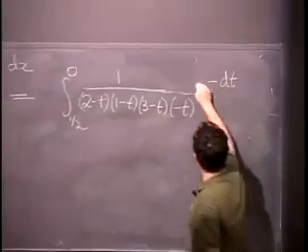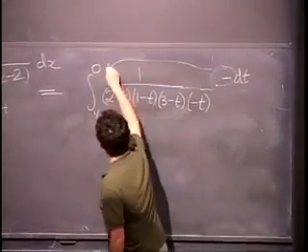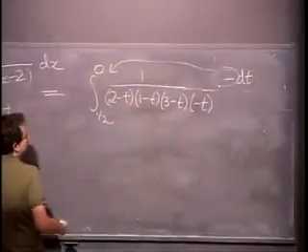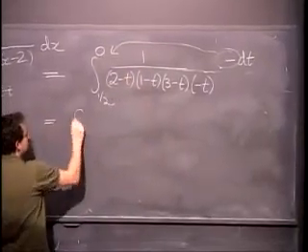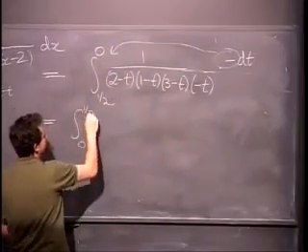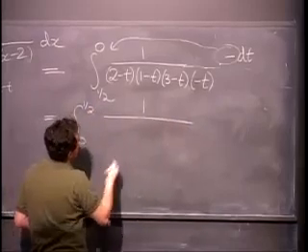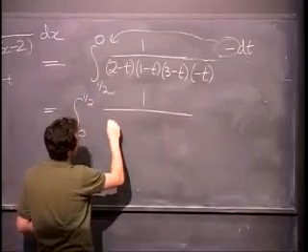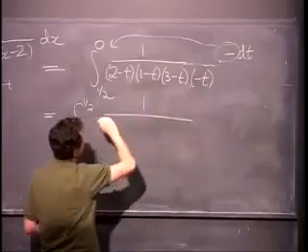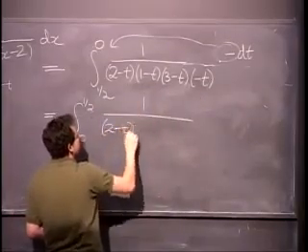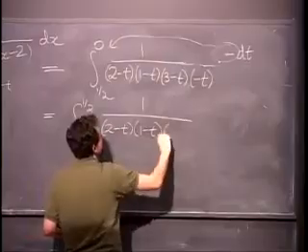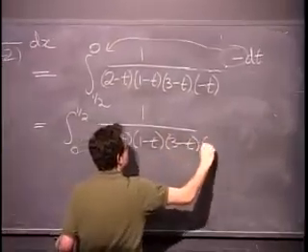I said use this minus sign to flip the bounds. So I'm going to ignore the minus sign, get rid of it, and go from 0 to 1/2 of this quantity: 1 over 2 minus t, 1 minus t, 3 minus t, times minus t.